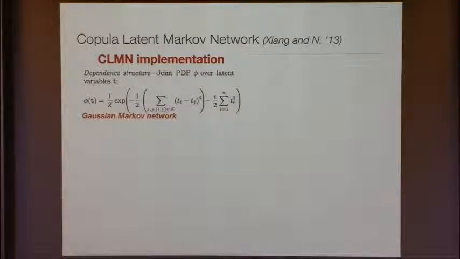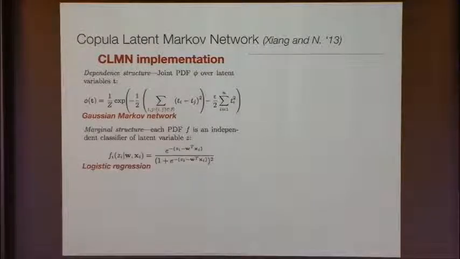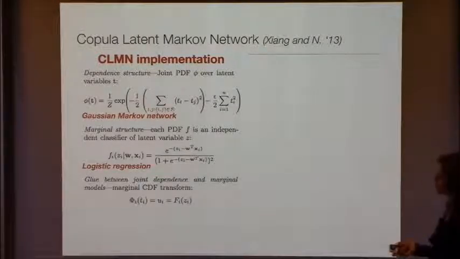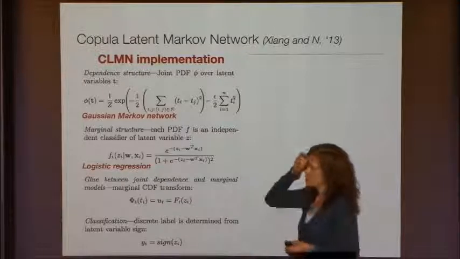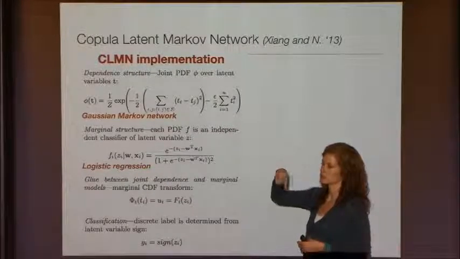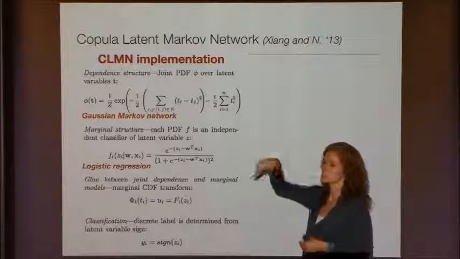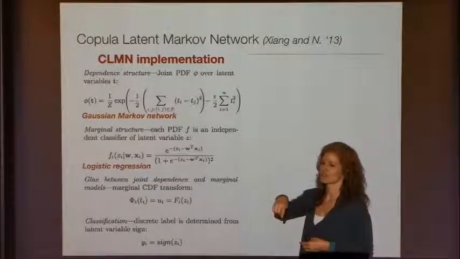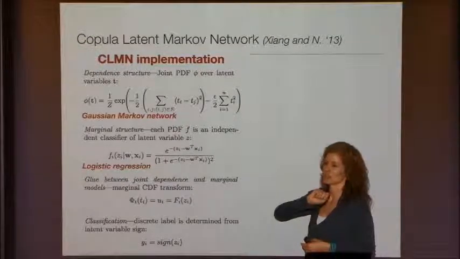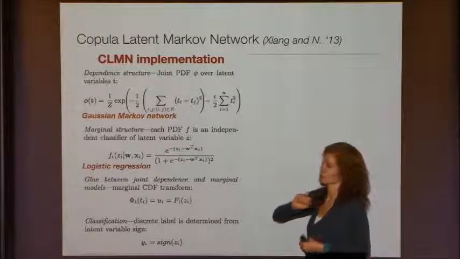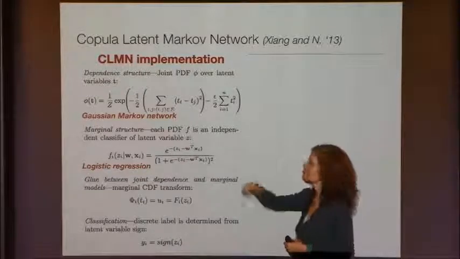Another interesting point I wanted to bring up: the way that we tie these together is that we have a latent continuous variable, these t's that we modeled jointly, which might be similar to what Art was talking about earlier, which we'll have to talk more about afterwards.